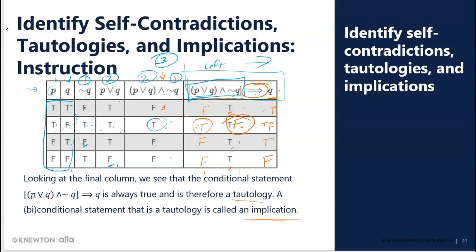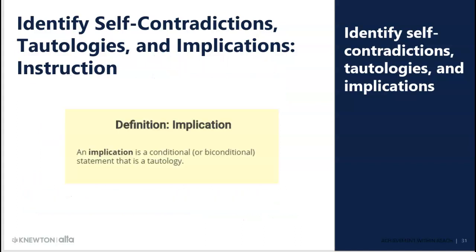A conditional, or they say biconditional statement that is a tautology is also called an implication. But this should have been true. In this case, it wasn't. This Q here was false, and this was a true, so this statement actually is false. So this wasn't a good example of a tautology. So an implication is a conditional statement where all your final answers are true.